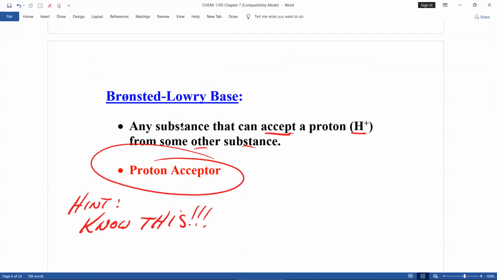If I'm a proton acceptor, I'm a Bronsted-Lowry base, or just a base. Acid, proton donor. Base, proton acceptor. What is a proton? H plus. And you should know this.